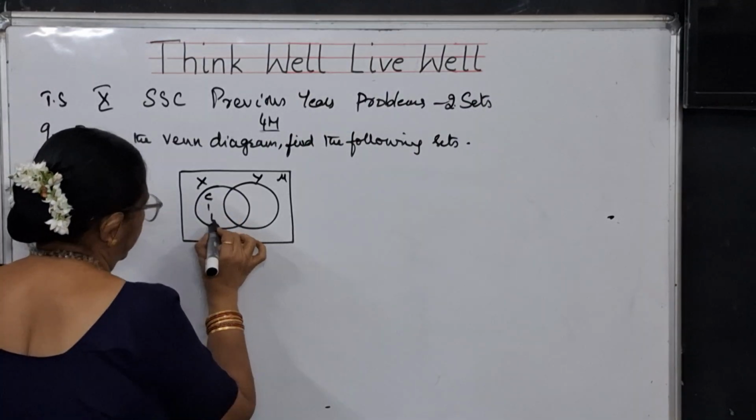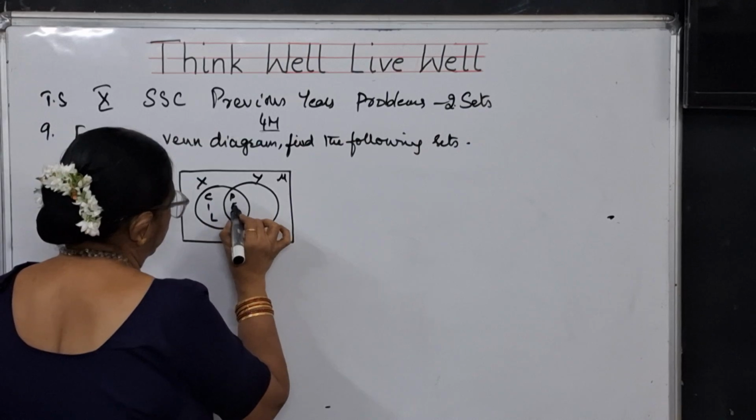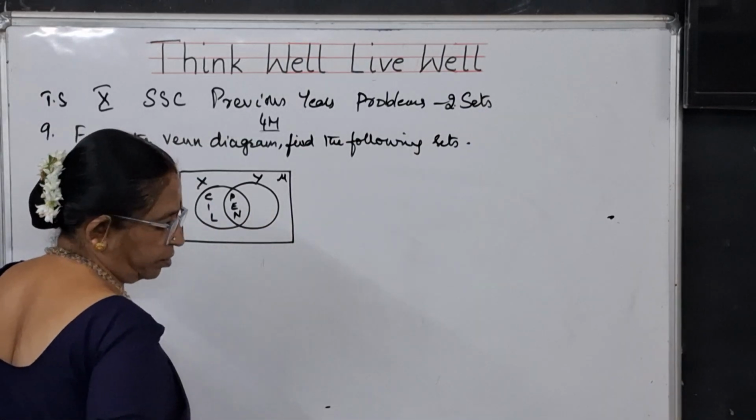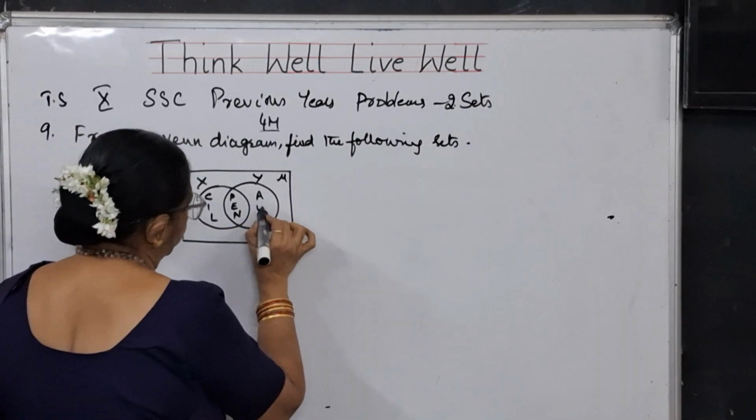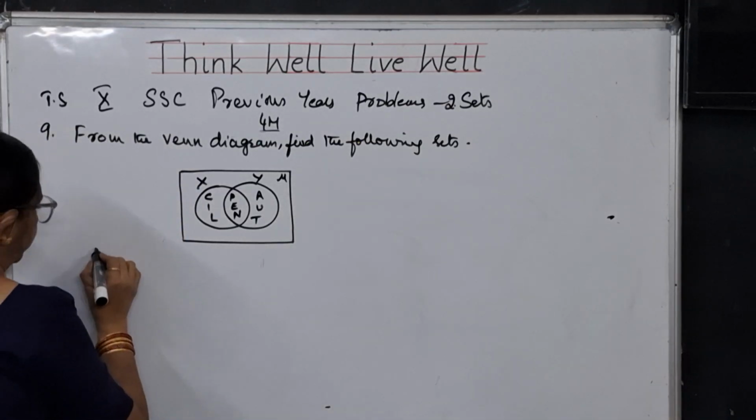C, I, L are the elements in X. P, E, N are common elements. A, U, T are the elements in Y. So what you need to find out?